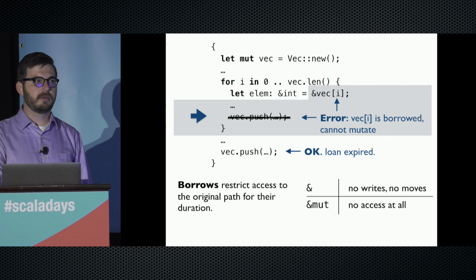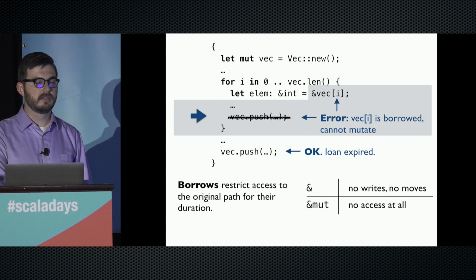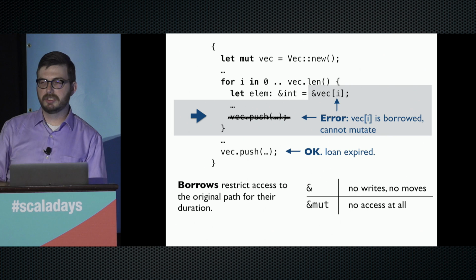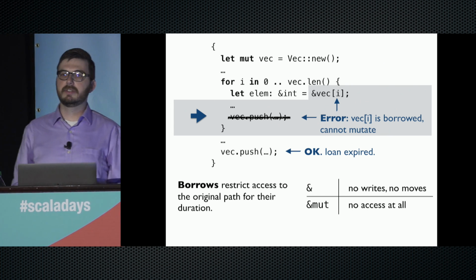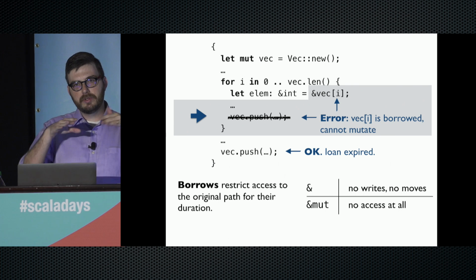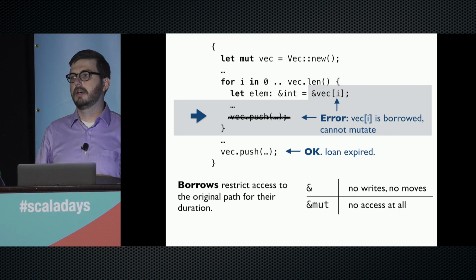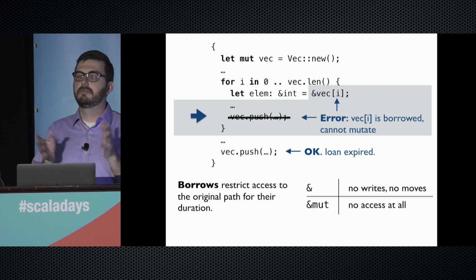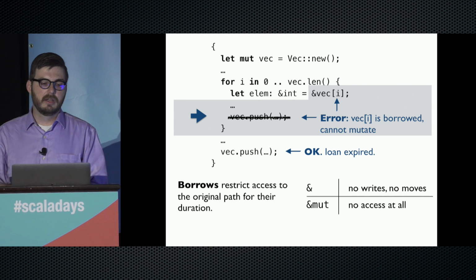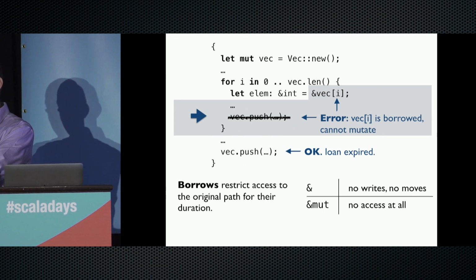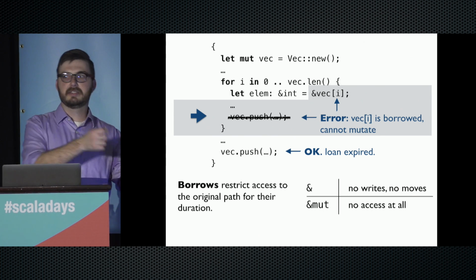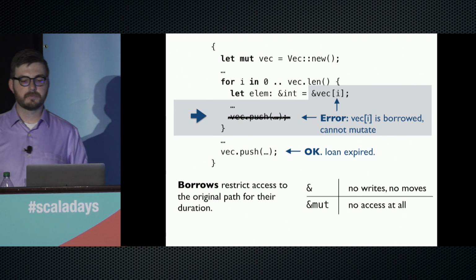And so at that point, we're allowed to push onto the vector. And so in general, these kinds of borrows, these creation of references that we've been talking about, they last only for the block that they're within, sort of in the default case. And so that allows you to do a little bit of sharing for a while, then stop that, then do some mutation, then stop that, and then go do some more sharing.